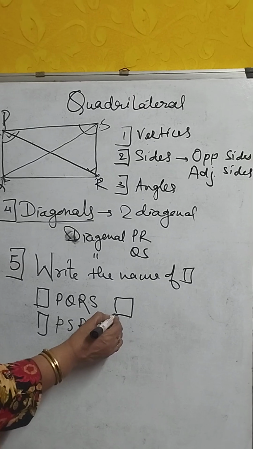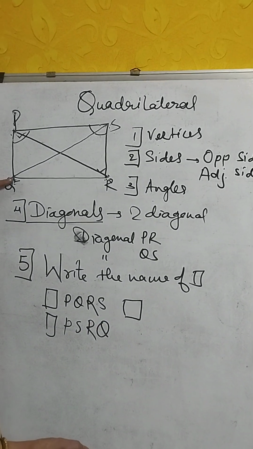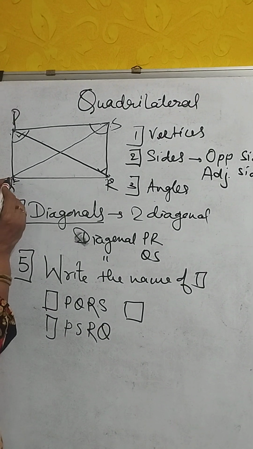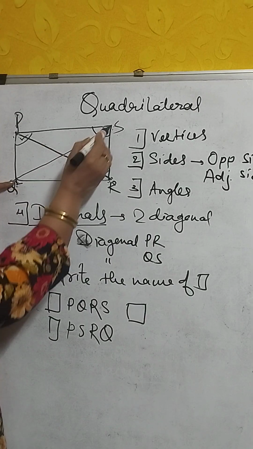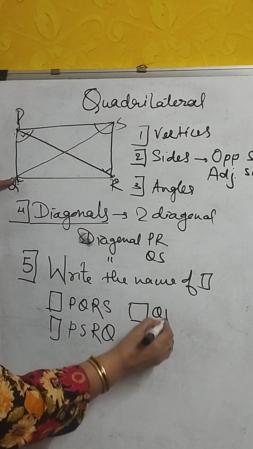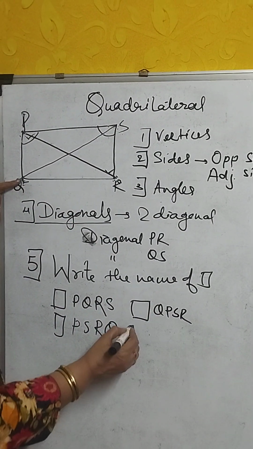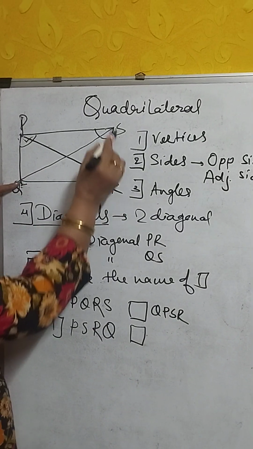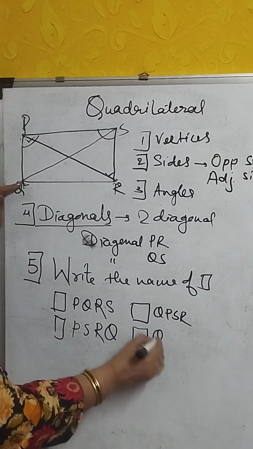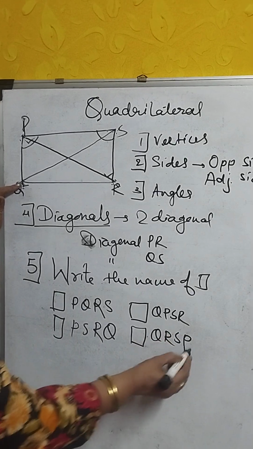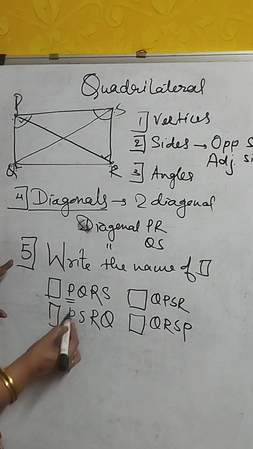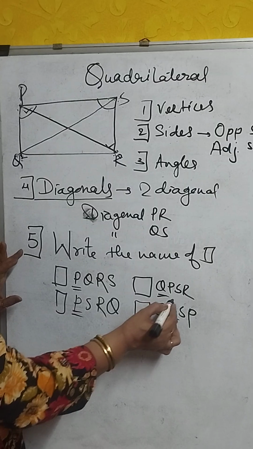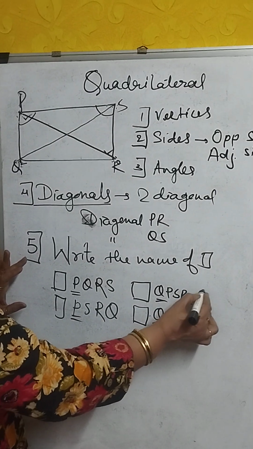Second one, we will take vertex Q. QPSR. I hope everybody is understanding. Then QRSP. QRSP means starting from every vertex we can label twice.